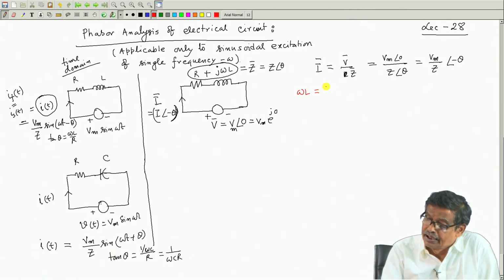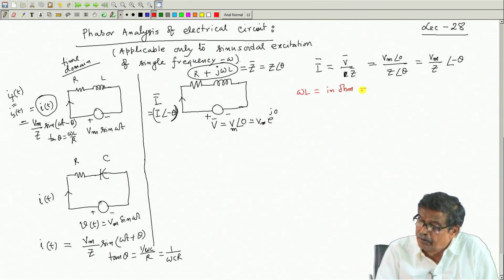So, omega L will be in ohm, and it is called reactance.